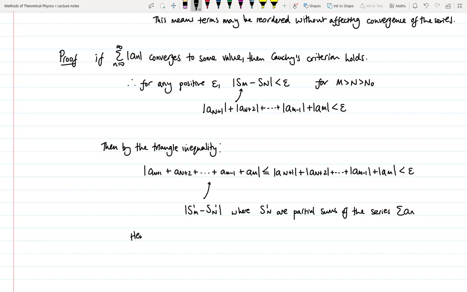Hence, again by Cauchy's criterion, the sequence of partial sums, infinity and sum n equals 0 an also converges. Therefore, this infinite series converges.